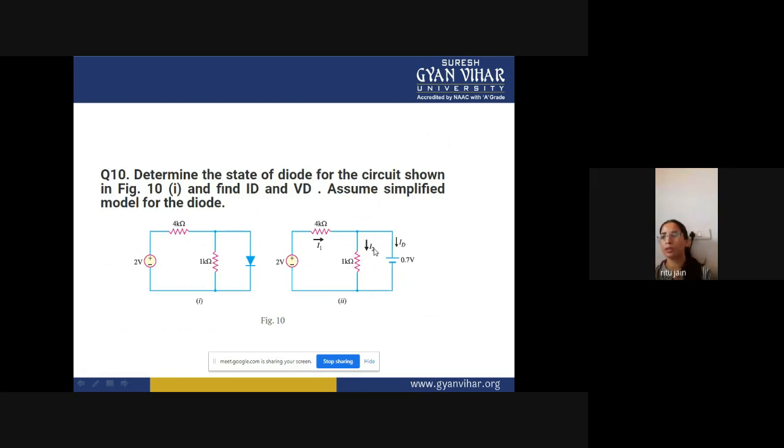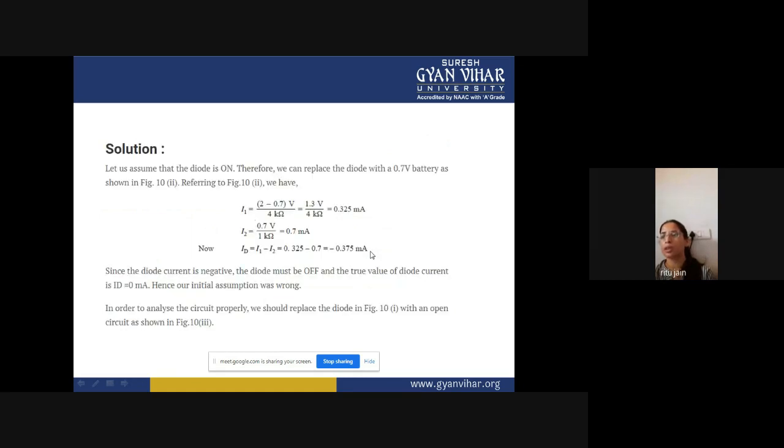So 1 times I2 is equal to 0.7 volt. So I2 is equal to 0.7 volt divided by 1 kilo ohm, and you will find that the current through this branch, I2, is 0.7 milliampere. You have I1 and I2, and by applying KCL you can easily calculate the current flowing through the diode, which is equal to minus 0.375 milliampere.